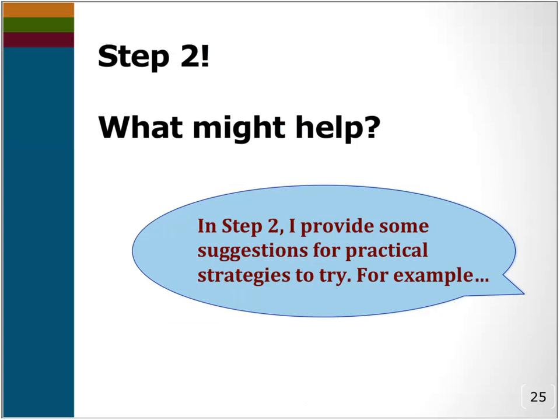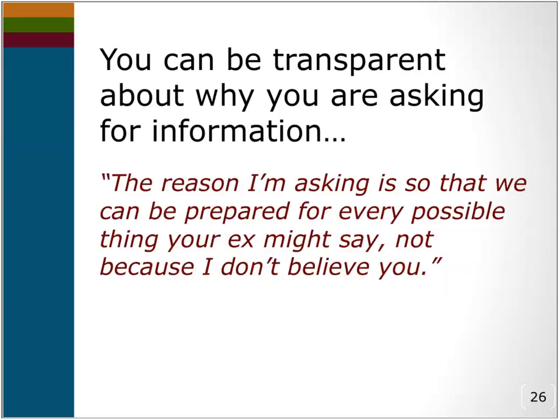Okay, so then I move into step two, and this is where we've done the philosophical underpinning, we've given a little bit of information that's relevant to that specific scenario, and then we're going to move into some real concrete tips and things to try. So for example, in this particular scenario, I talk about transparency. You can be transparent about why you're asking for information.